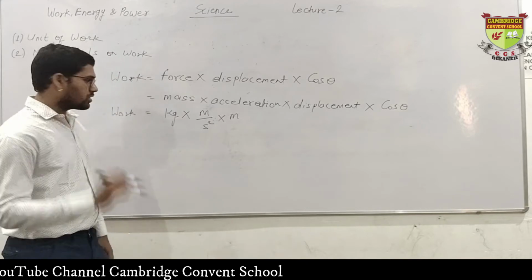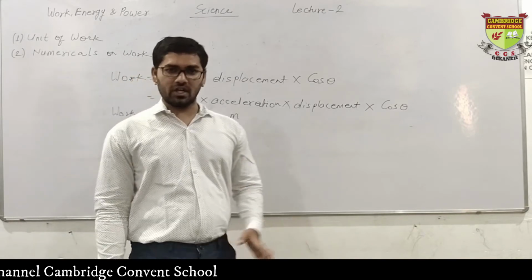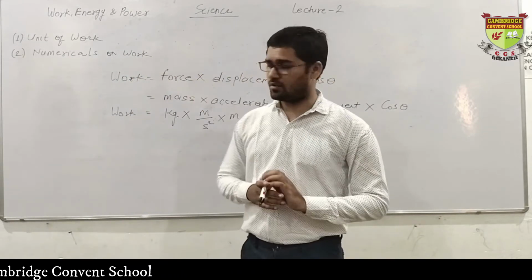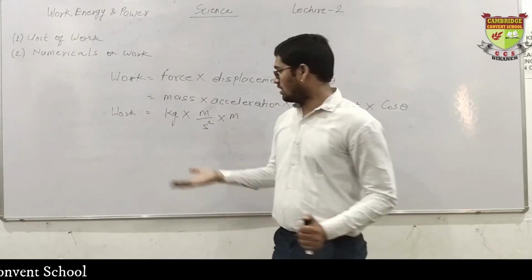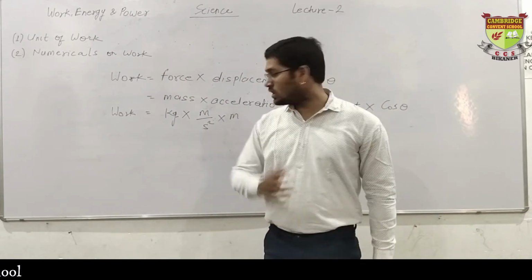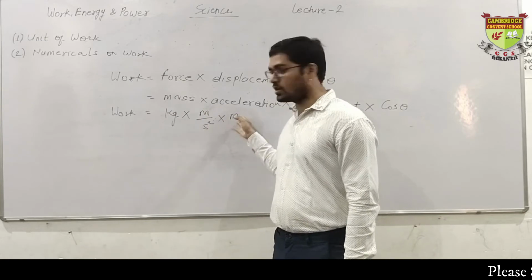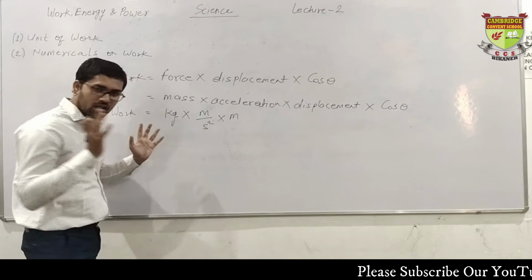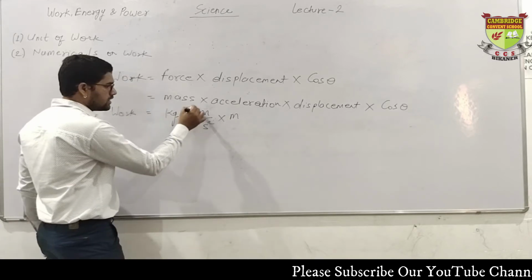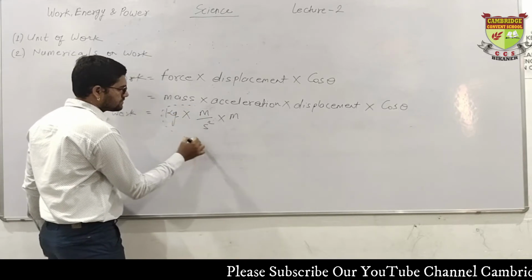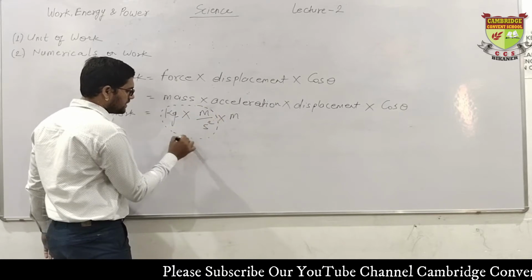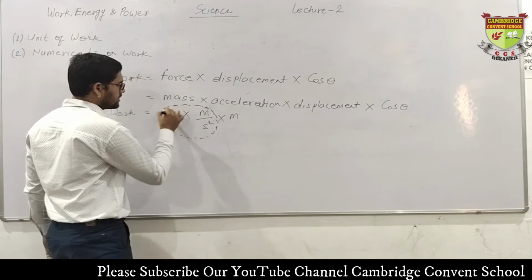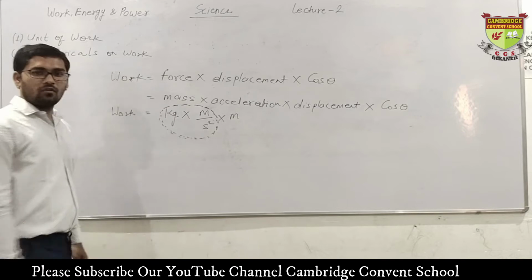Fine. One more thing, we cannot take a very big or long unit. Saying I have done 10 kilogram meter per second square into meter is a lot bigger thing, so we shall shorten it. This part is related to force.